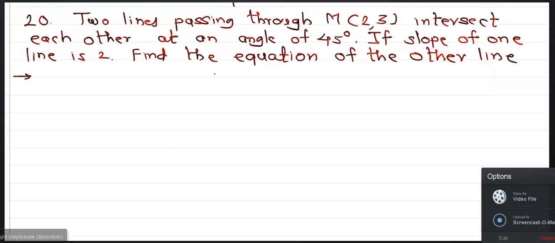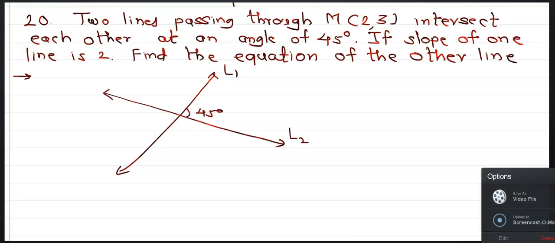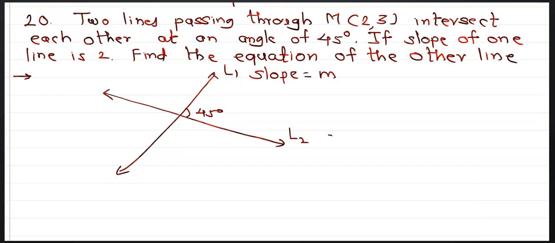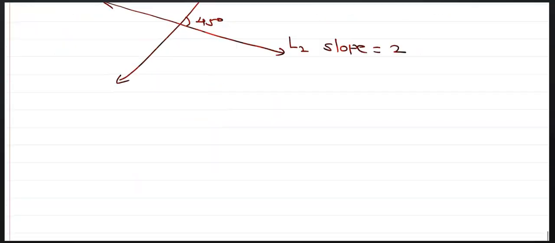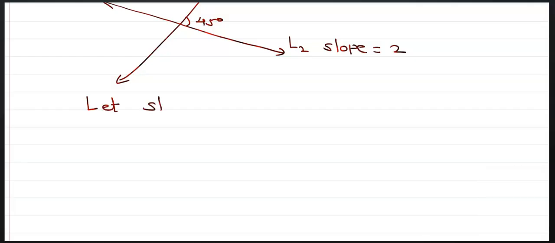Now see the figure first of all. These are the two lines L1 and L2 which make an angle of 45. Slope of the line L2 is 2.